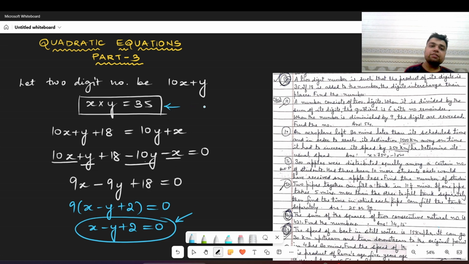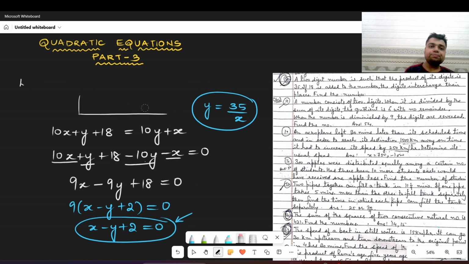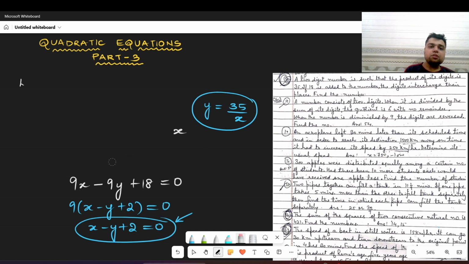So I will write from here y is equal to 35 by x. In place of y, we will put this value. Okay, so let's erase the upper part. Now if we see carefully, our equation is x minus, instead of y, 35 by x, plus 2 equals 0.